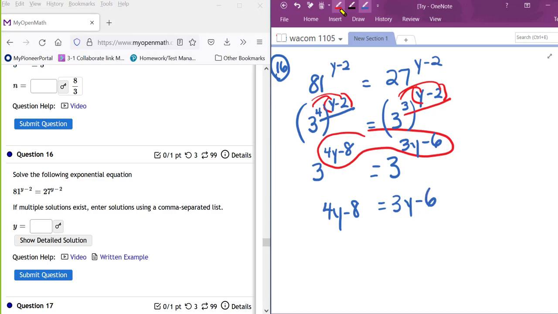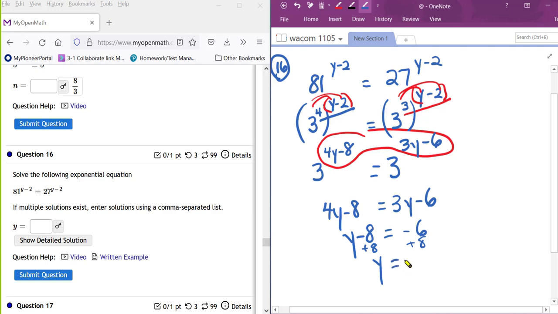Then it's a piece of cake from there. Subtract your 3y. You guys could probably do that in your head. Leaves you y minus 8 equals negative 6. Add your 8. And it gives us y equals 2. There you go.